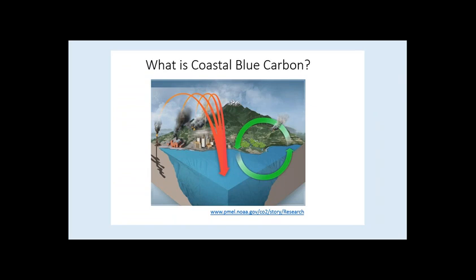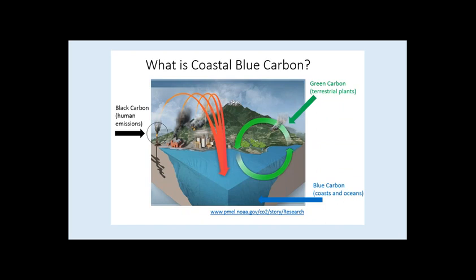So jumping right in with blue carbon, let's get started by making sure everybody knows what I mean when I say coastal blue carbon. So green carbon is the carbon taken up and stored in terrestrial plants. We often think of forests when we think of green carbon, although other ecosystems also store carbon. Black carbon is the carbon that's emitted through either the production or use of fossil fuels and also the burning of natural ecosystems.